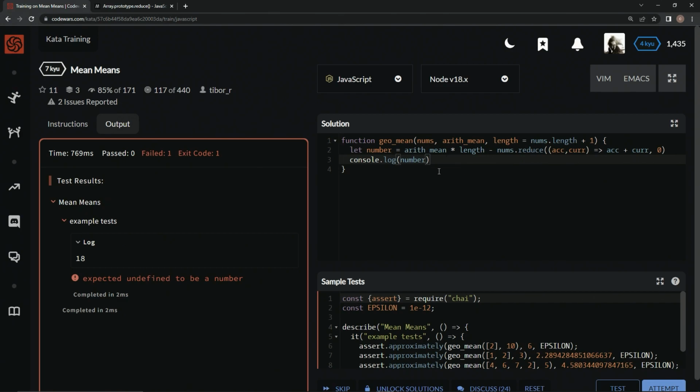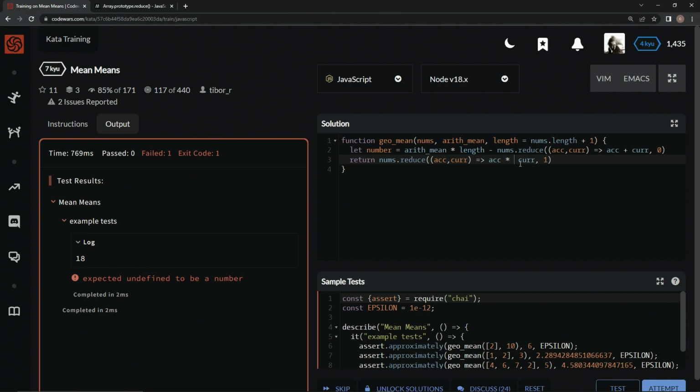So we're going to come down here, and since we already have the missing number from this list, we're going to return another reduce. We're going to say nums.reduce to get the product, comma 1, because we're multiplying, and we're going to say accumulator times current.